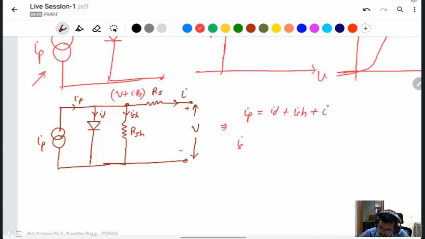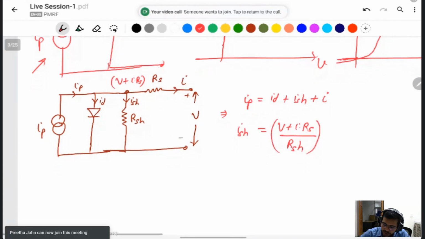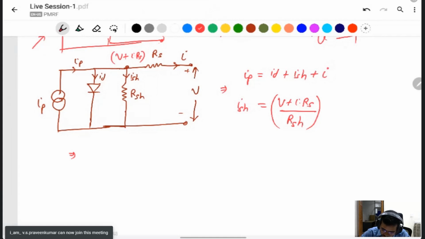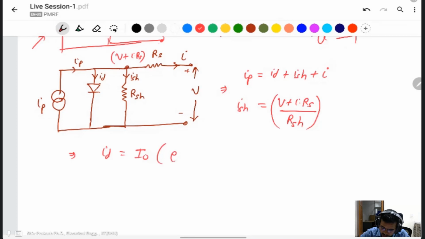Shunt current you can write as the voltage divided by the resistance: V plus I into RS divided by the shunt resistance RSH. And diode current, I think you all know about the diode current, is saturation current into e to power V divided by NVT minus 1.